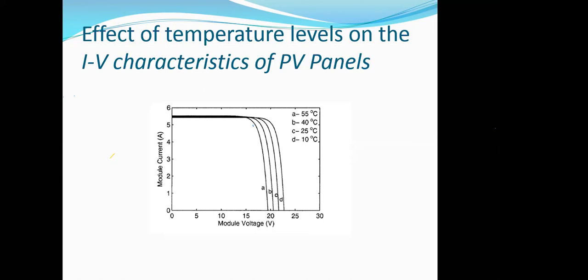There is a physics derivation behind this, of why it happens: with the increase in temperature, we have less output voltage. So it is not the summer season which has maximum sunlight. It is the time when we are having maximum sunlight and the temperature is less that we get maximum output from the PV panel.